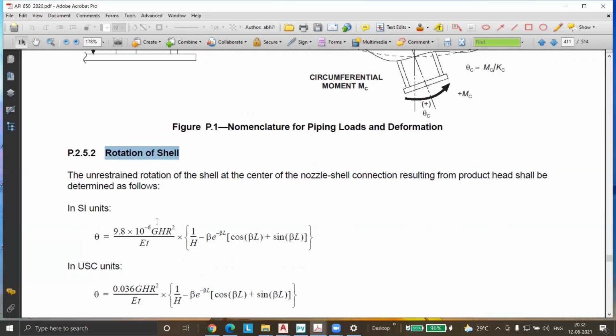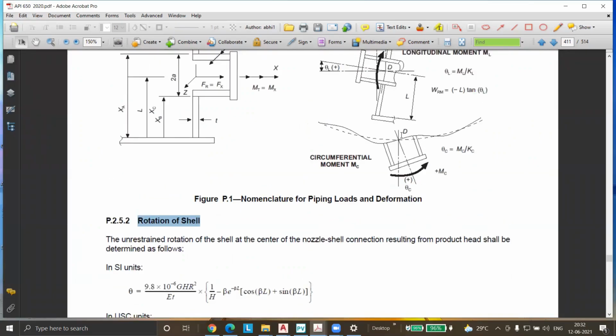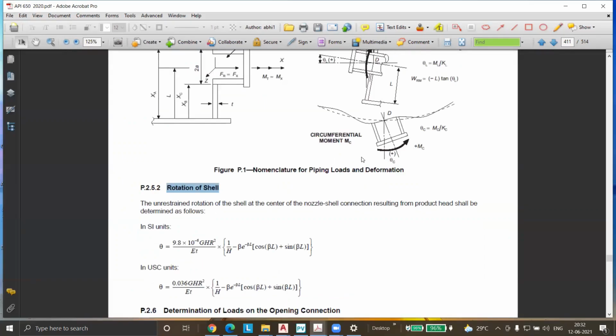See, what does shell deflection mean? If you are fixing a nozzle, it is in the radial direction. My shell is anchored at this nozzle location because piping will be connected. If it is not restrained, then there will not be any deflection. But if it is restrained, then it may happen that there is slight deflection.